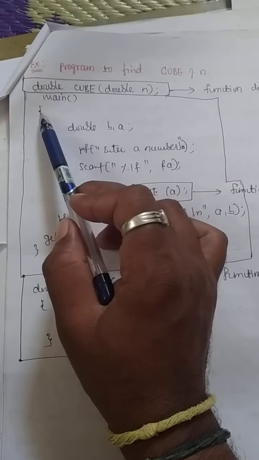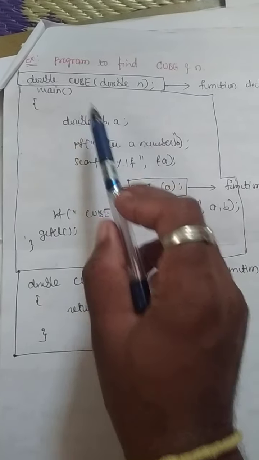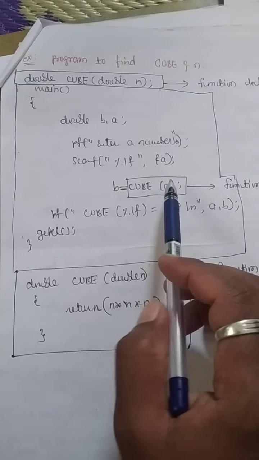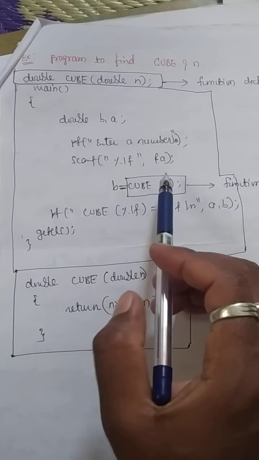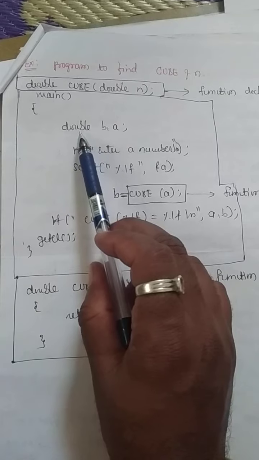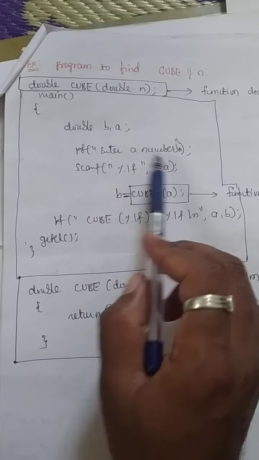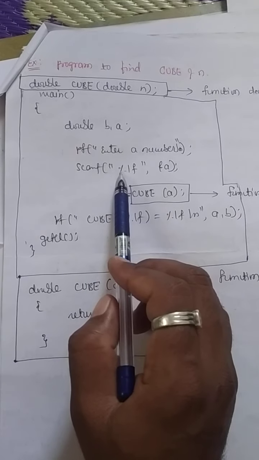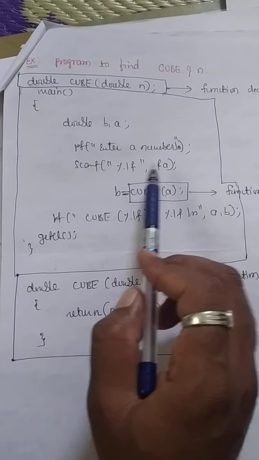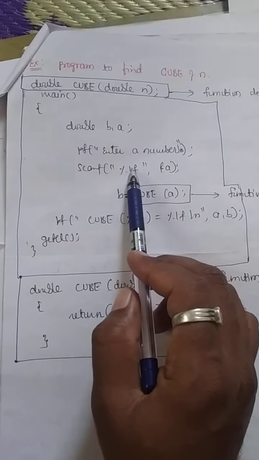Then the main function. Inside the main function, I am going to call the function cube. One parameter is there, so we have to pass one parameter. For that, declare double a, printf enter a number, scanf percentage lf, ampersand a. lf is the conversion code for double.